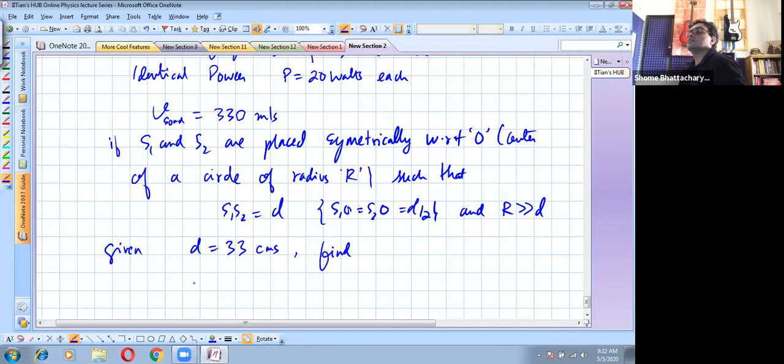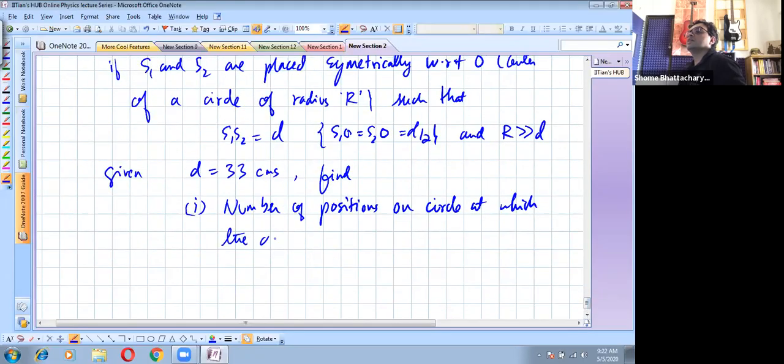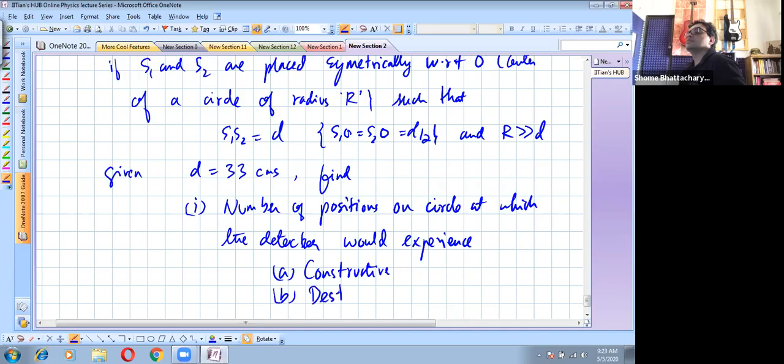find the number of positions on the circle at which the detector would experience constructive interference and destructive interference. That's the first thing.